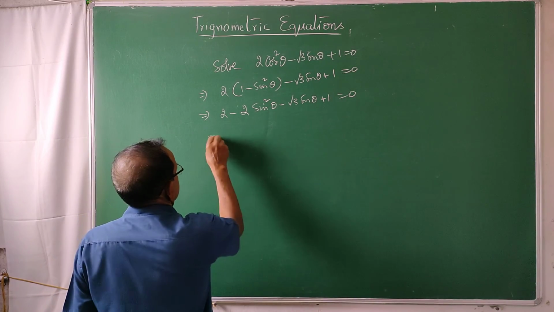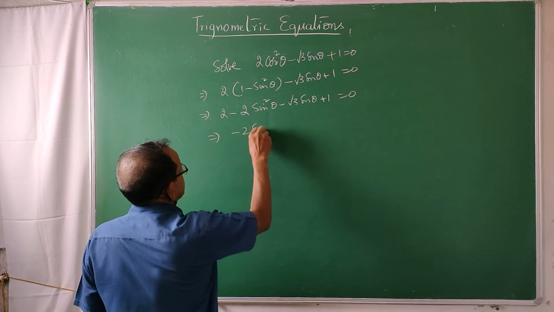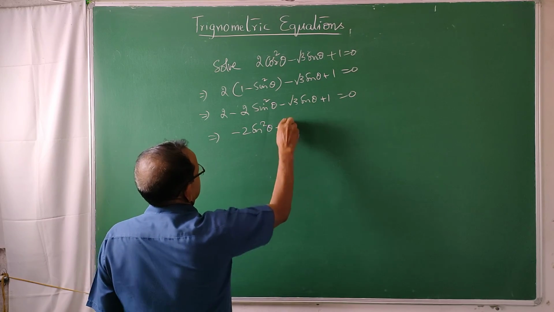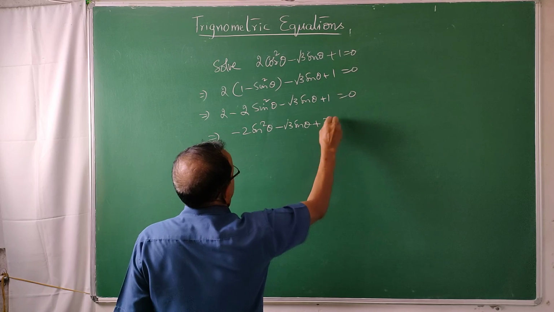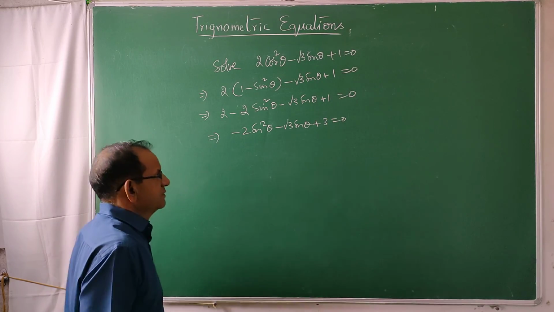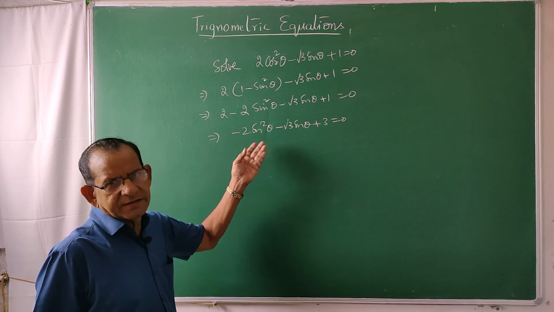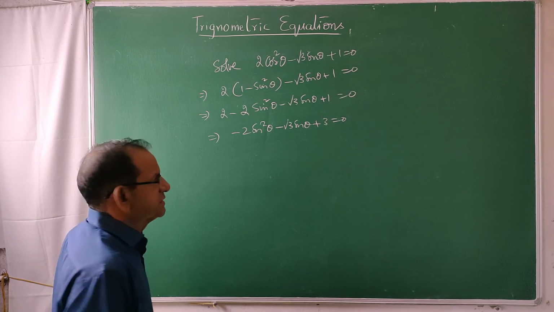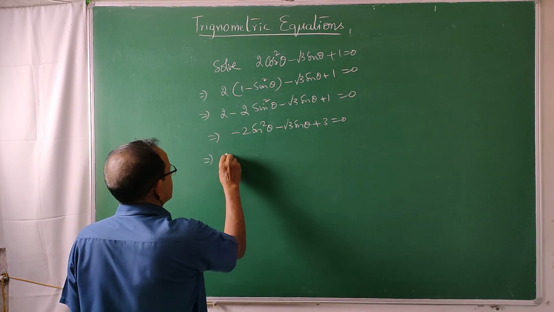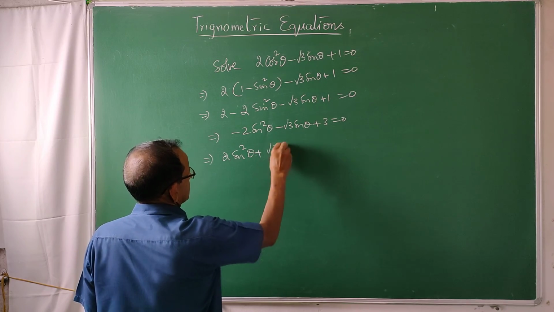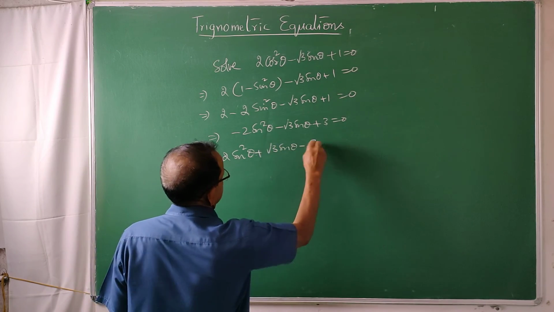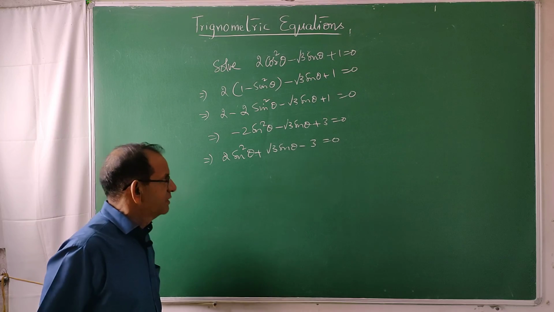That is minus 2 sin square theta minus root 3 sin theta, 1 plus 2, that is 3, is equal to 0. To avoid minus sign in the beginning, multiply both sides by minus 1. That implies 2 sin square theta plus root 3 sin theta minus 3 equal to 0.